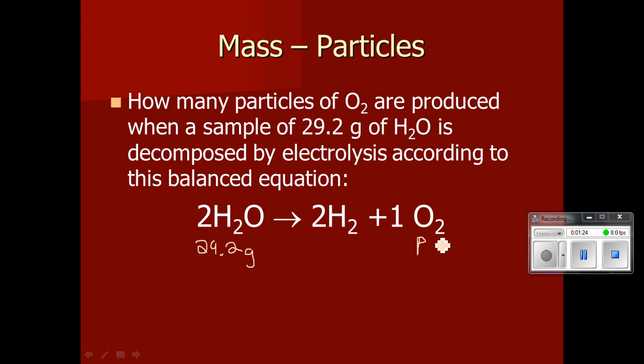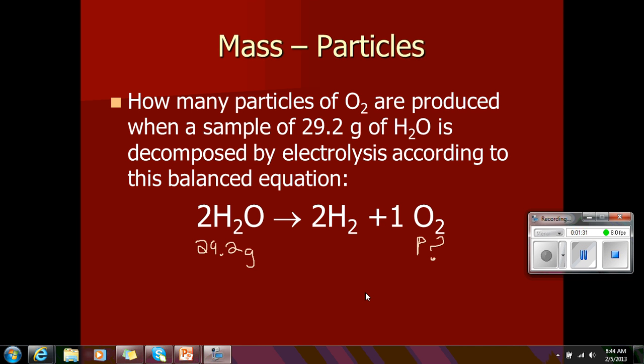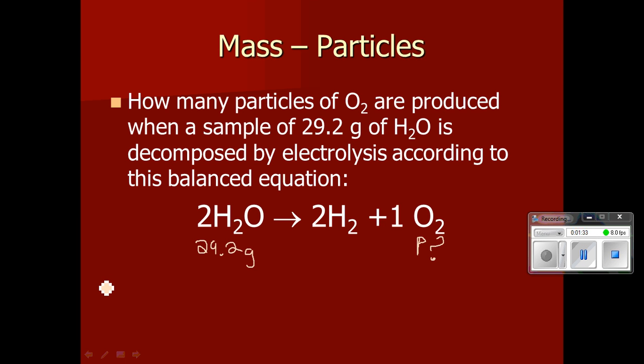So I'll put particles, question mark, of O2. And what we're going to do is set this up by going 29.2 grams, and that's of H2O.